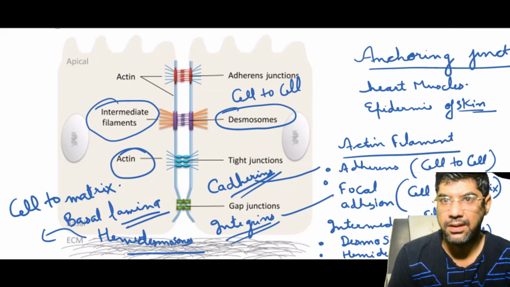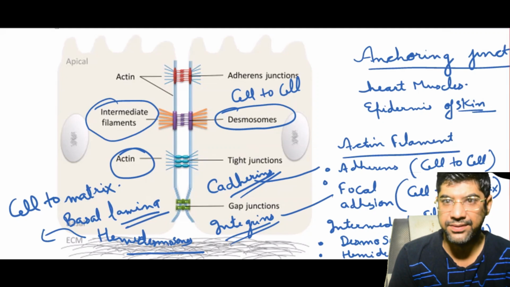Mutations in the cadherins and integrins. Cadherins are found in the adherent junctions and desmosomes, and integrins are found in focal adhesions and hemidesmosomes.